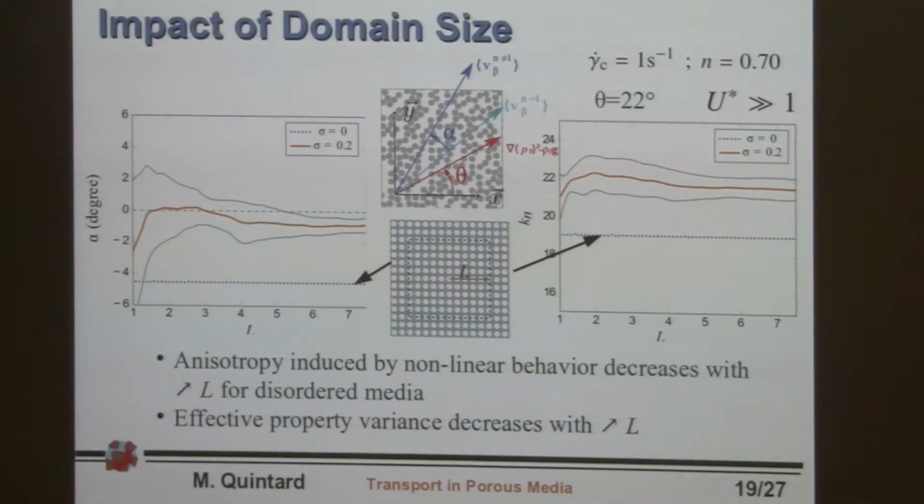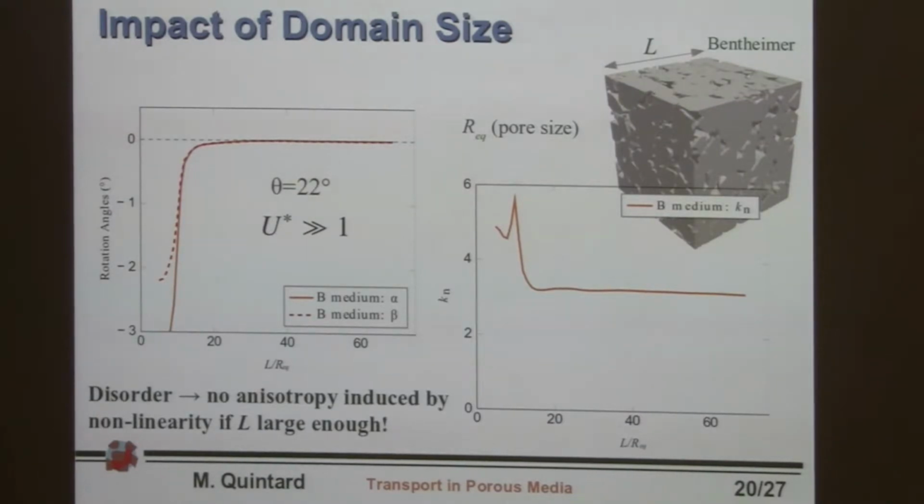It's very difficult to decrease the variance because non-Newtonian flows are really nonlinear, so a small change somewhere may have a tremendous impact. But we expect that if we had a much larger system, the variance will probably go down a little bit for statistical reasons. That's very important for applications in digital rock physics, since most of the time people don't look too much at the size of the volume over which they calculate the effective properties.